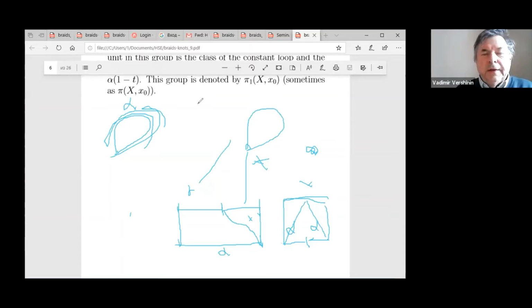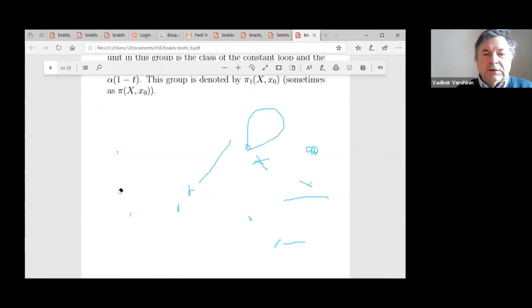So the set of loops becomes a group, and associativity the same way, only when you pass to homotopy. This is sometimes called the first homotopy group or fundamental group. Okay, very good.